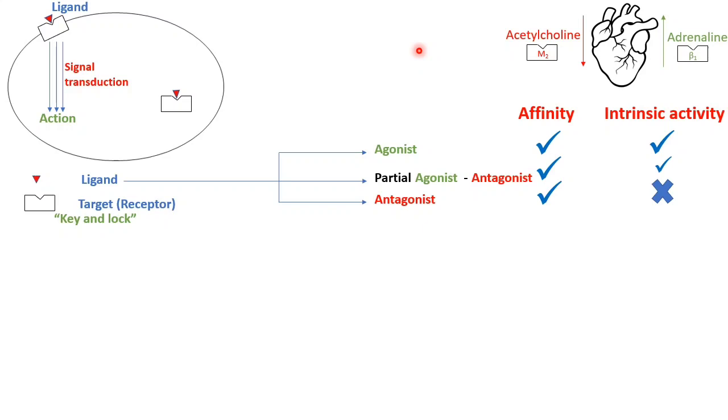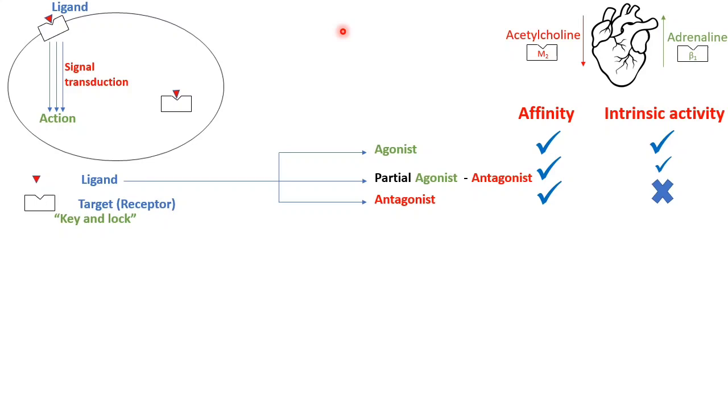This partial agonist, by binding to the receptor, gives an action that is smaller than the action of the agonist, but also it somehow doesn't allow the binding of the real agonist or the full agonist on the receptor.